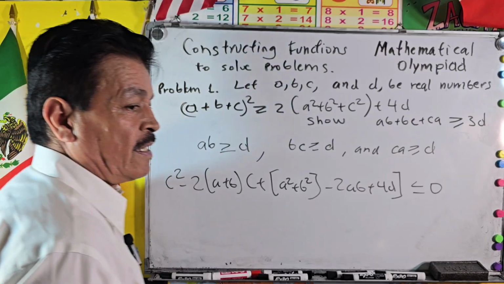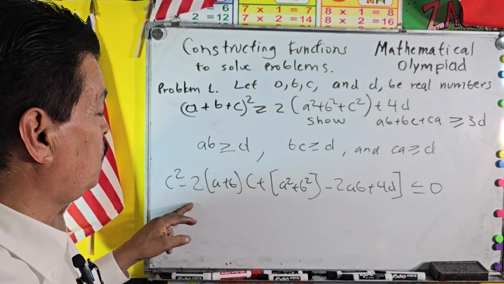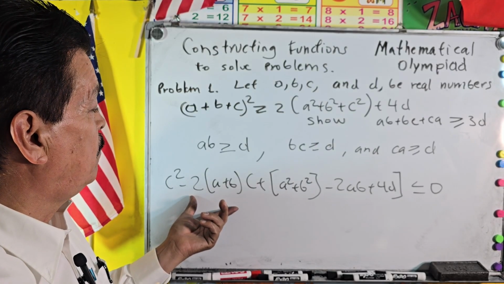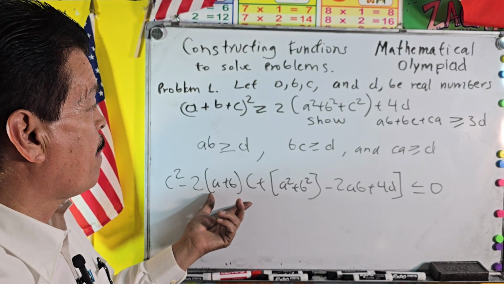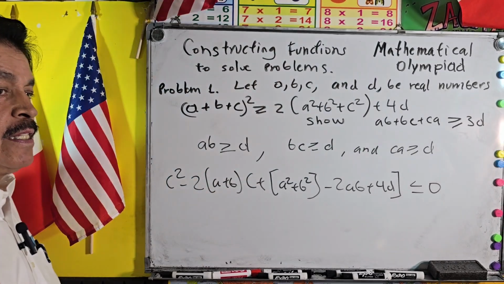Yeah, less or equal than 0. c to the second power minus 2 times (a plus b) times c.